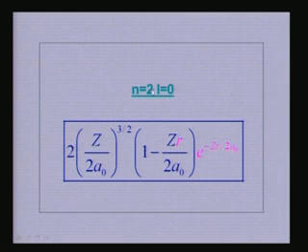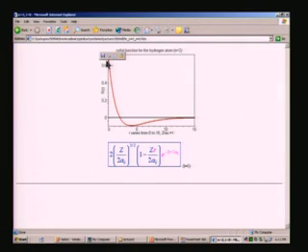It keeps increasing, but the exponential minus zr by 2 a naught will eventually bring it to 0. Therefore this function has a radial node at r equal to 2 a naught.